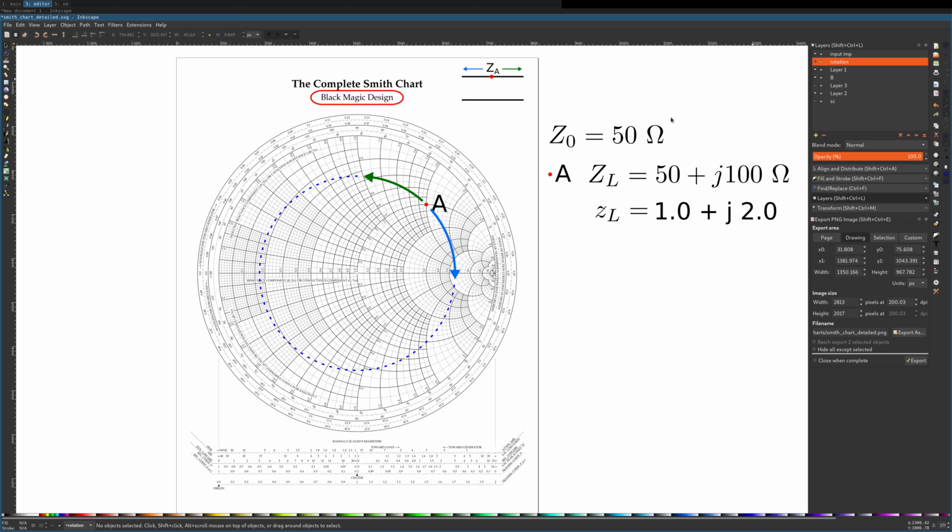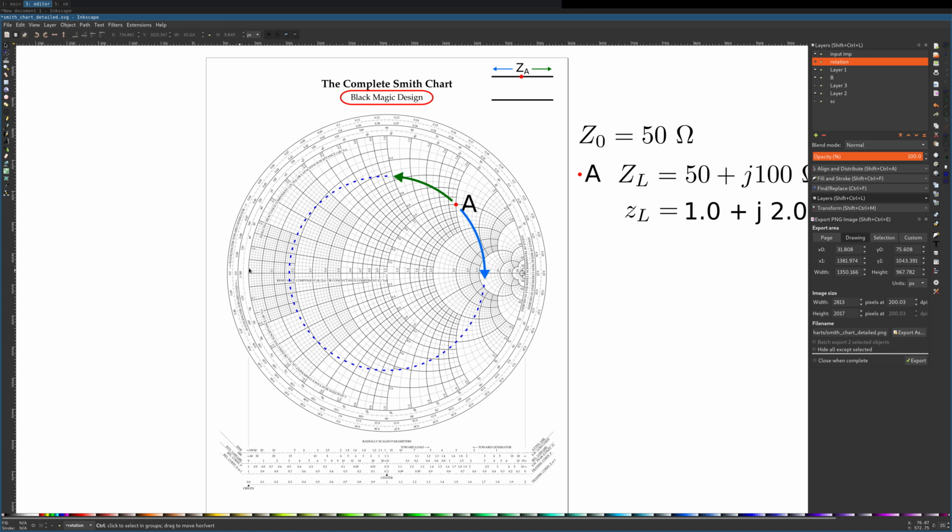For any arbitrary normalized impedance point A on the Smith chart, if you rotate that point about the center, you would indeed find the normalized impedance on various points of a transmission line.